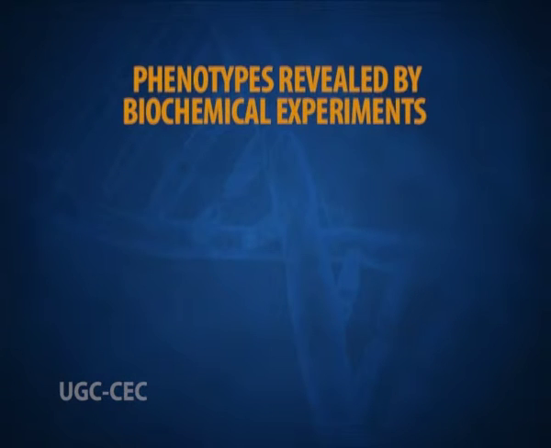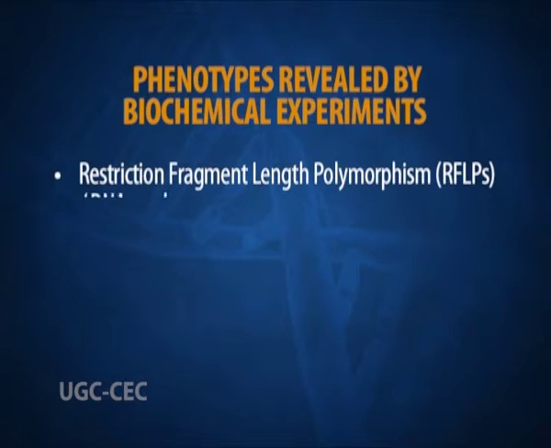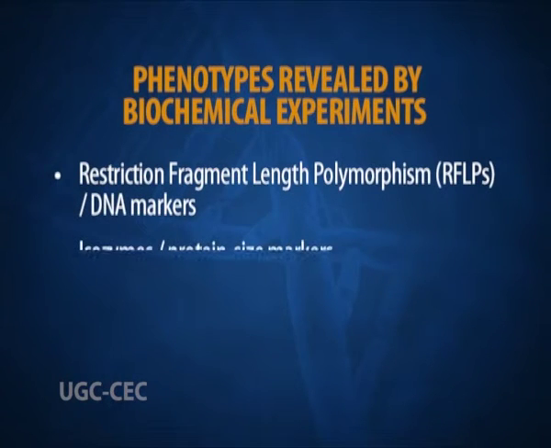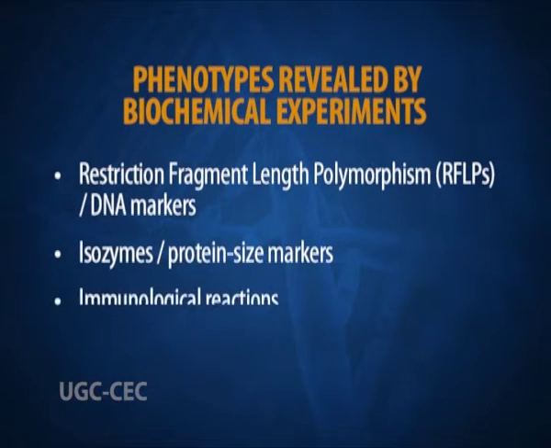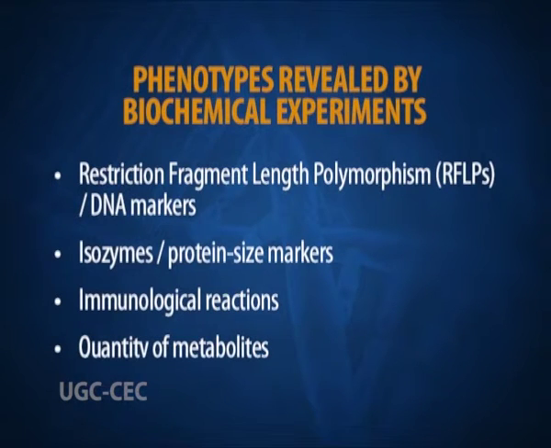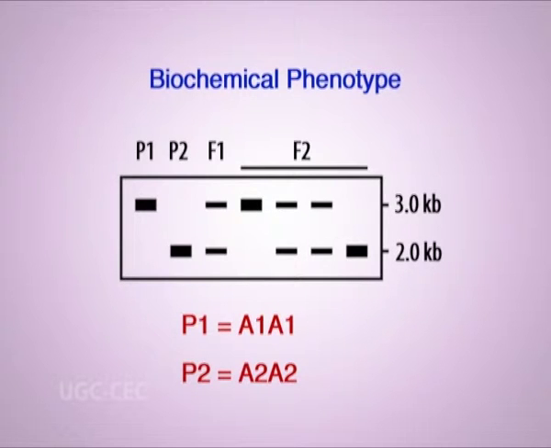Phenotypes that are revealed by biochemical experiments are restriction fragment length polymorphism, RFLPs or DNA markers, isozymes or protein size markers, immunological reactions and quantity of metabolites. For example, suppose that a gene of interest resides on 3 kb and 2 kb DNA fragment of first and second parent respectively.